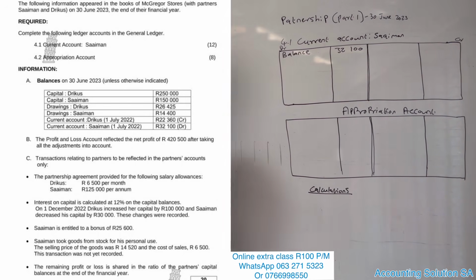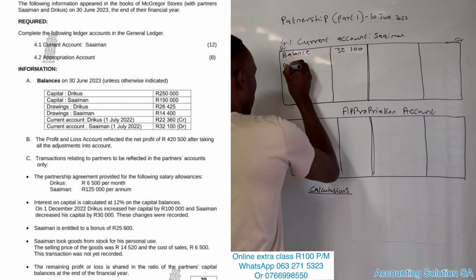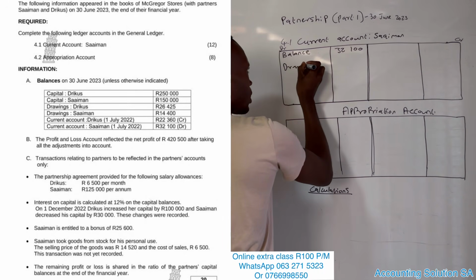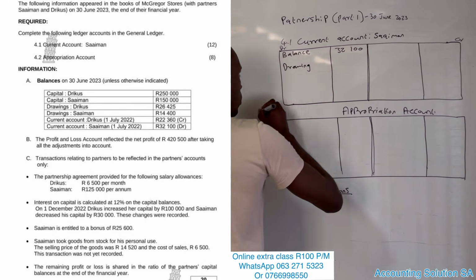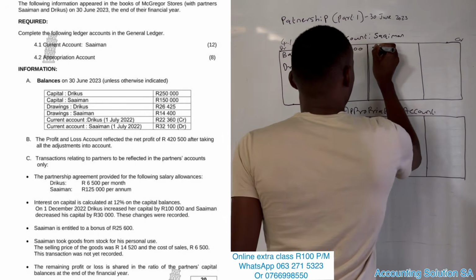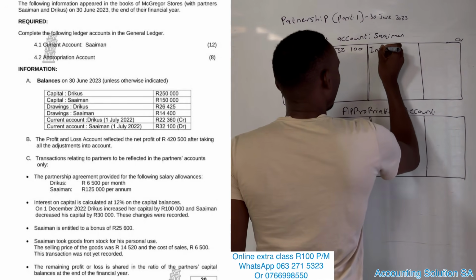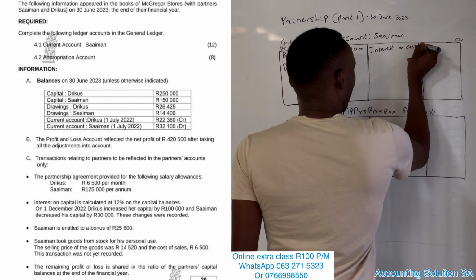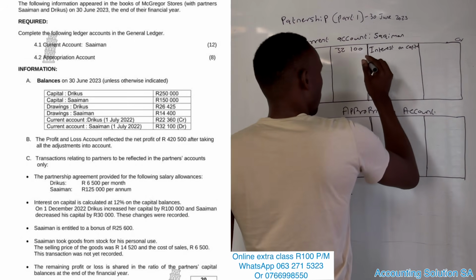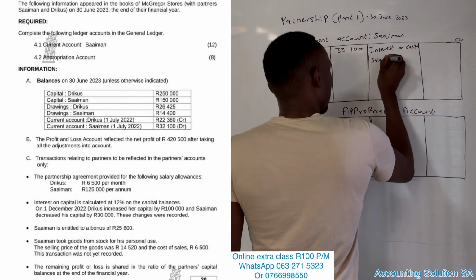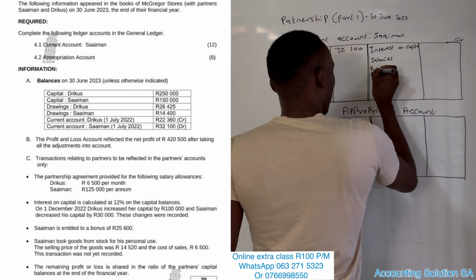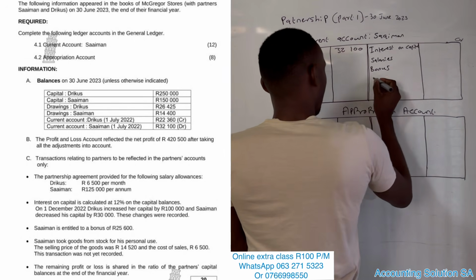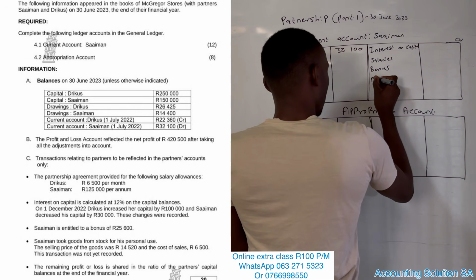Then the second step, let's deal with the format first, because this one always remains the same. Drawings is always debited. On this side we're going to have drawings, interest on capital, salaries, and a bonus, and we're going to balance with the appropriation account.